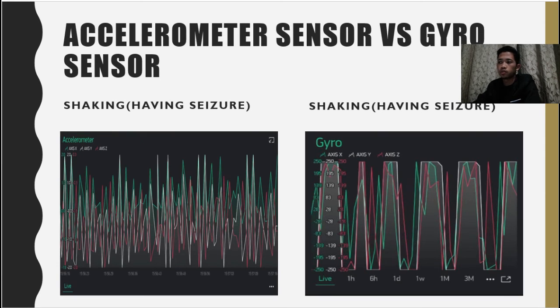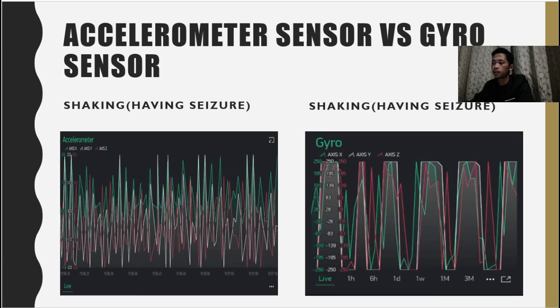Next, I will explain about the accelerometer sensor versus the gyro sensor when the user is shaking their hand as if having a seizure. As we can see, the accelerometer data gives a spike-shaped movement because the hand movement while shaking is aggressive. The seizure patient usually shakes their hand very aggressively when they're having a seizure.